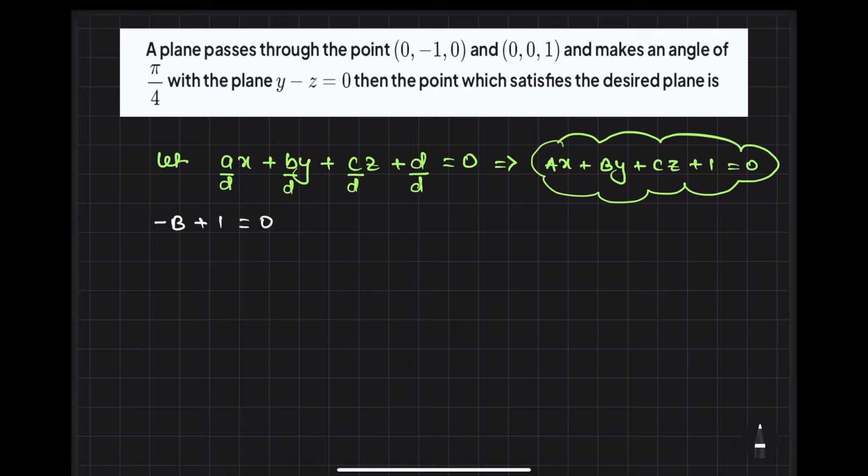Correct? Means if you substitute 0 in place of x, it will become 0. In place of z, if you put 0, c will become 0. In place of y, if you put -1, b will become -1. So sorry, minus b plus 1 equals to 0. So the value of b becomes 1. So this is your first result.